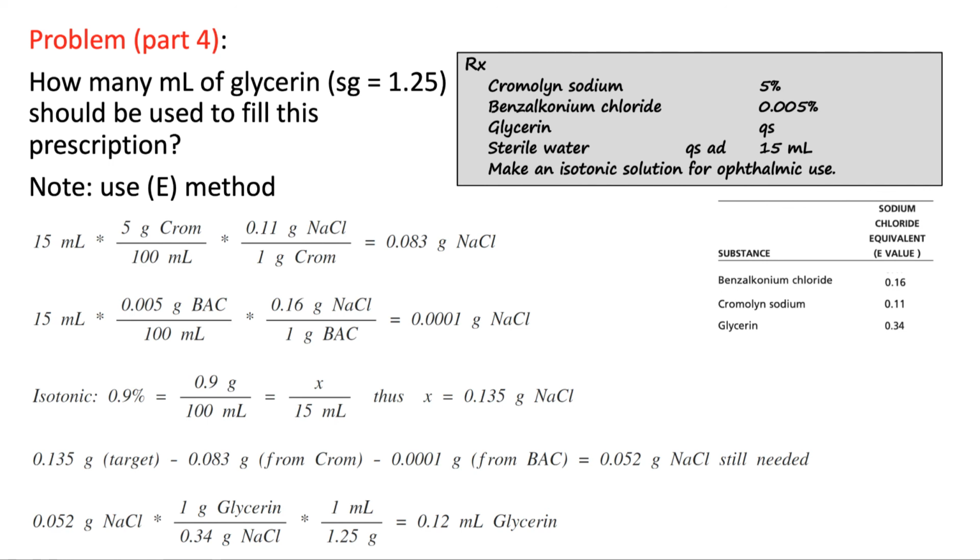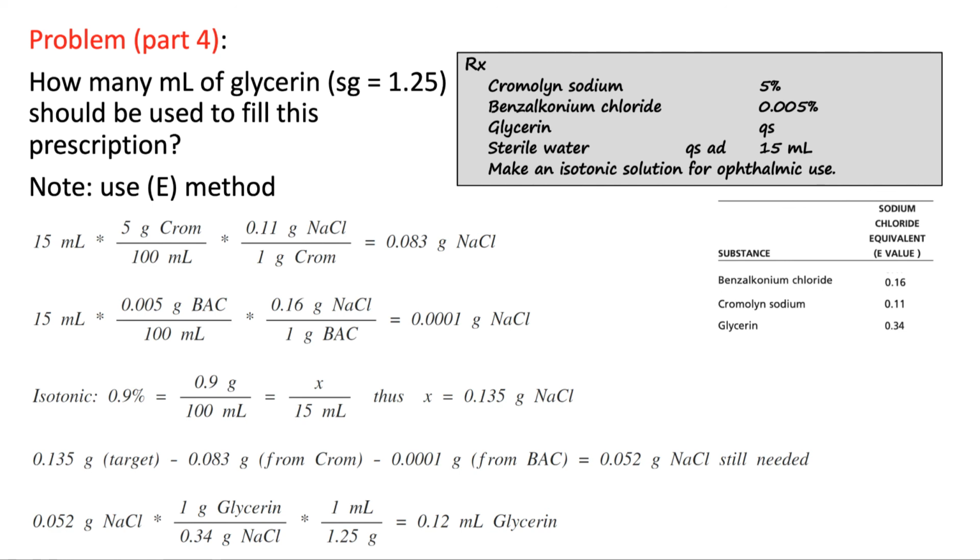So let's start with the cromolyn sodium. And we know we want to prepare 15 milliliters. So if I start with 15 milliliters and multiply by the concentration of cromolyn, which is 5% or 5 grams over 100 milliliters, we can see that milliliters cancel, and we would be in grams of cromolyn.